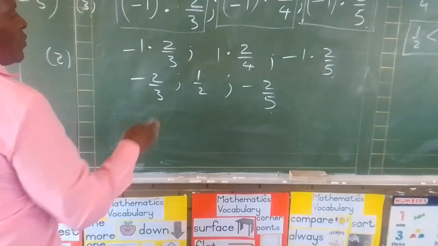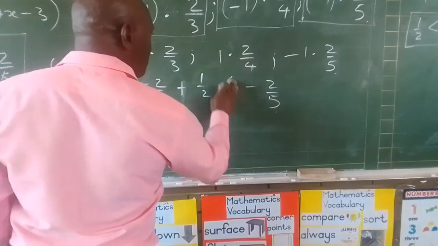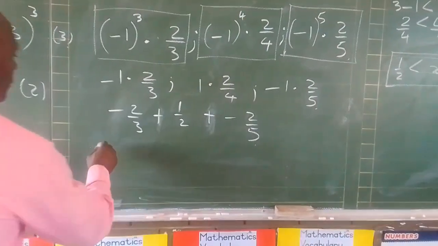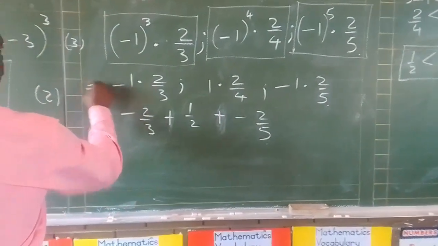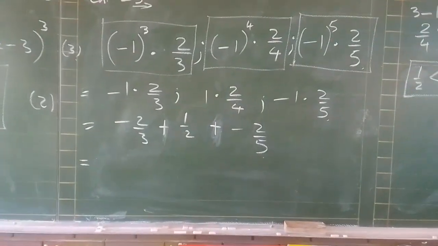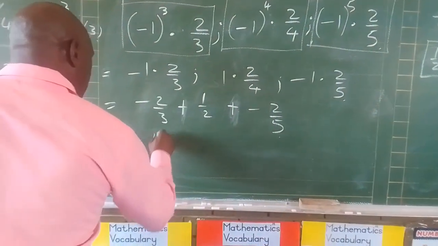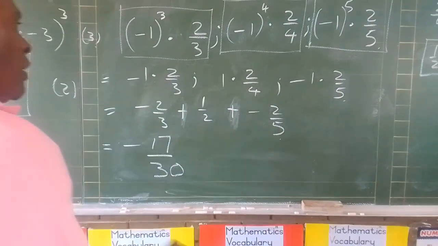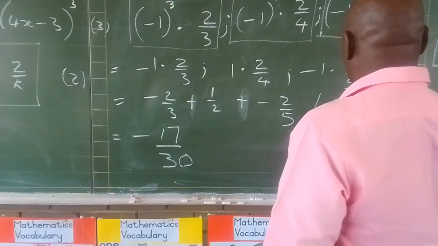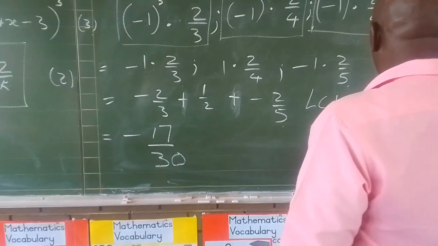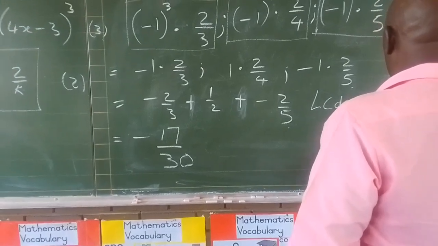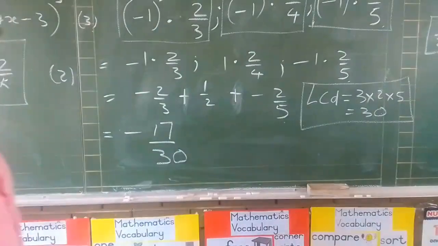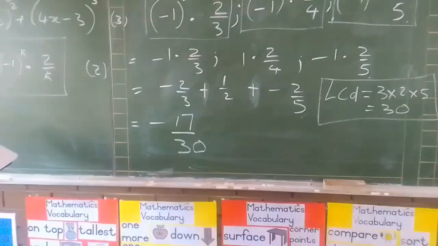Remember, we must add them. When you add these, you are going to get minus 17 over 30. Here I give you the clue: your LCD must be 3 times 2 times 5, which is 30.